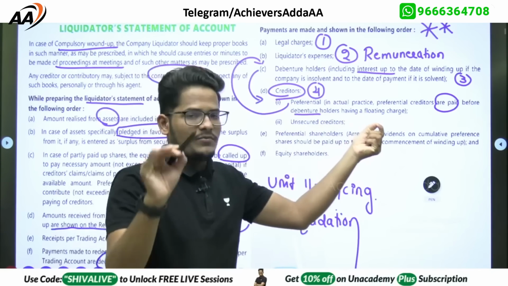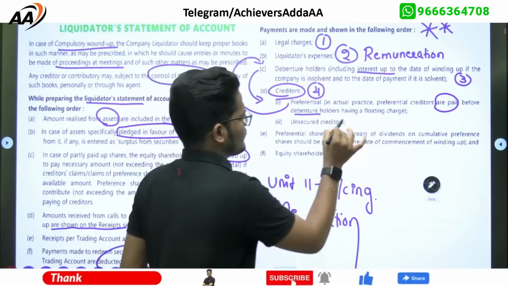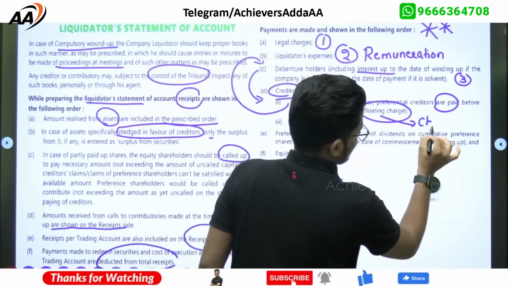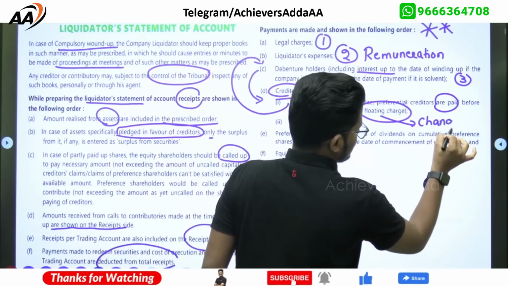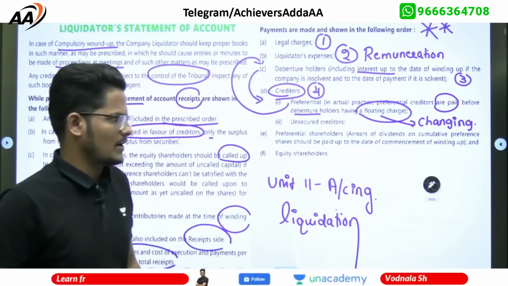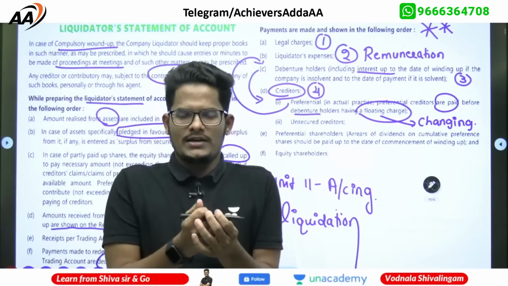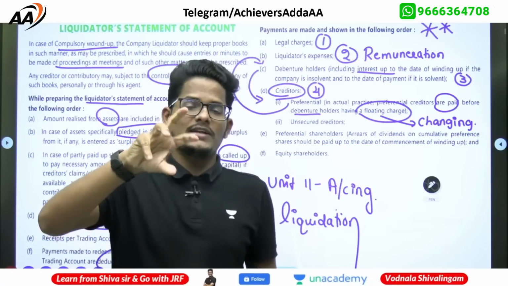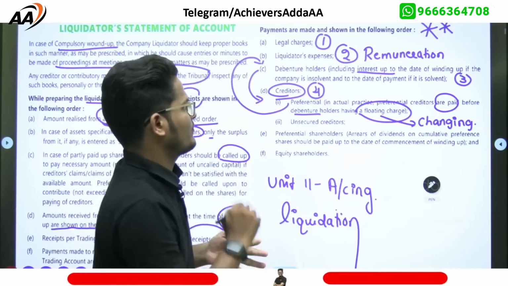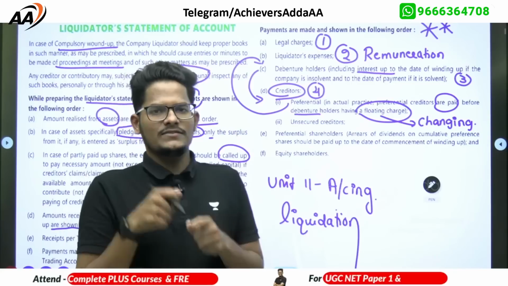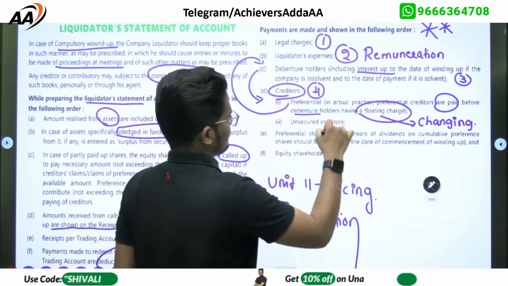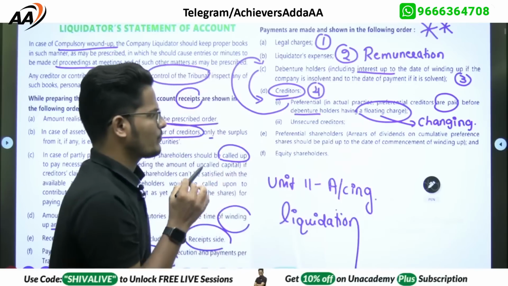But if preferential creditors have a floating charge, meaning the interest or dividend rate is changing, dynamic, for those creditors we need to pay first. If a fixed rate of charge is there, then you can pay after the debentures. If it is floating, then before the debentures we need to pay.